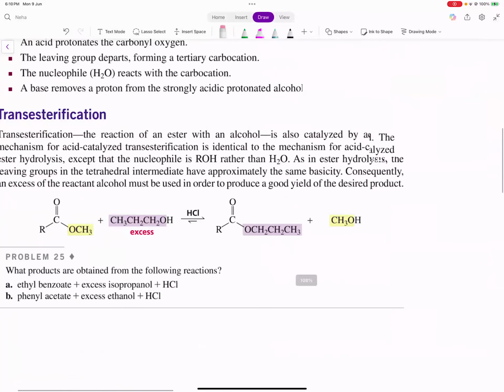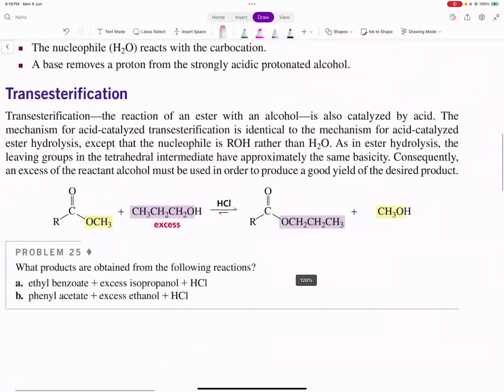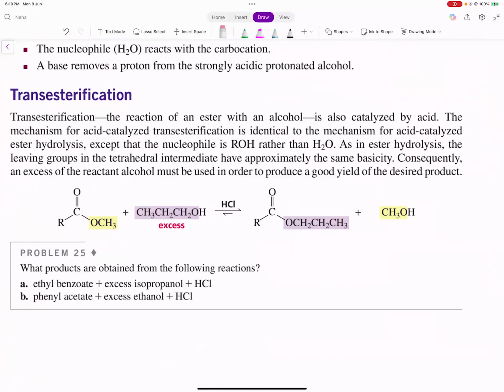Trans-esterification, again the same mechanism will occur, just with ROH instead of H2O. By this time, you know that ROH and H2O are brothers.